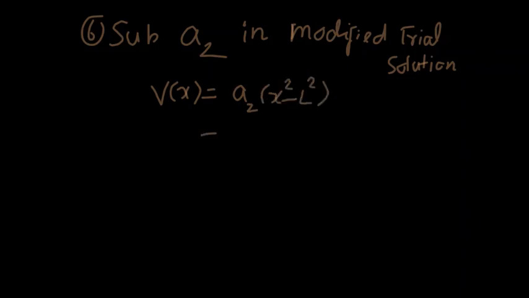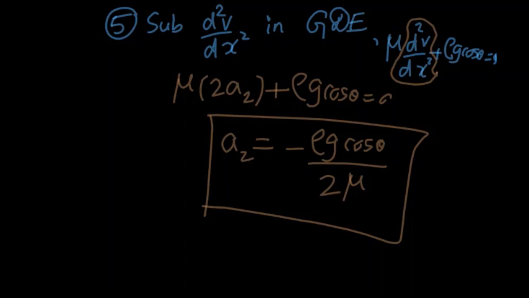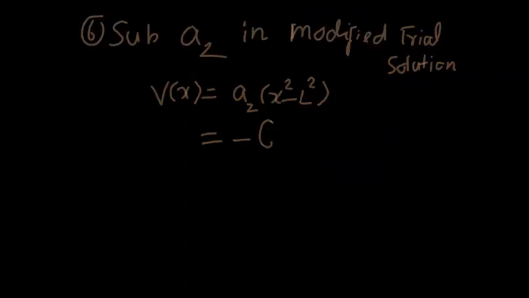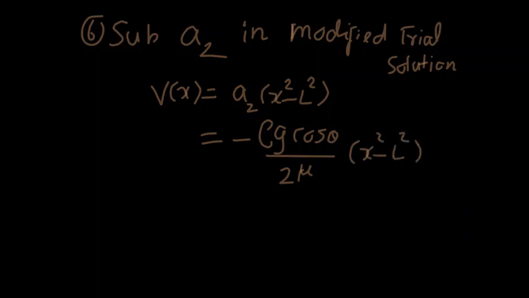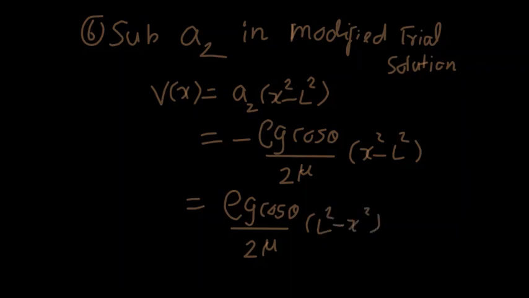Now we know the value of a2, which is minus rho g cos theta whole divided by 2 mu. So that becomes minus rho g cos theta whole divided by 2 mu into x square minus L square. So alternatively, I can write this equation as rho g cos theta whole divided by 2 mu into L square minus x square. I have retracted a positive sign here, so that is the reason.